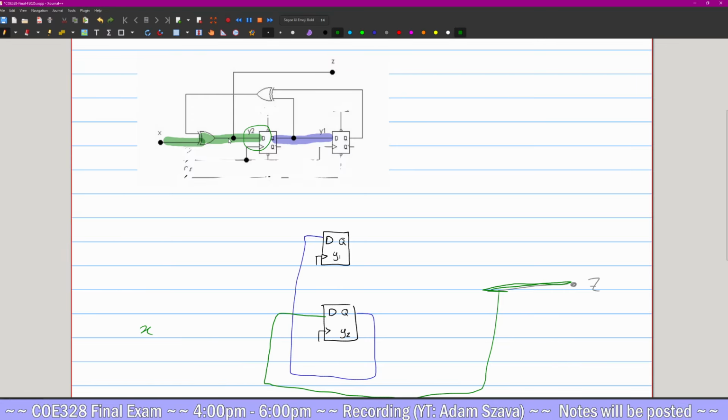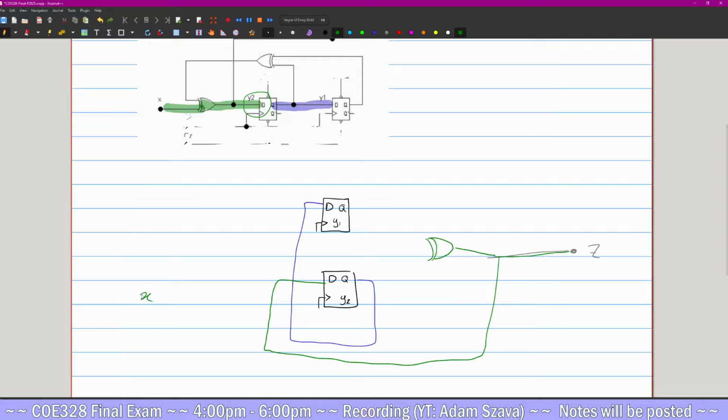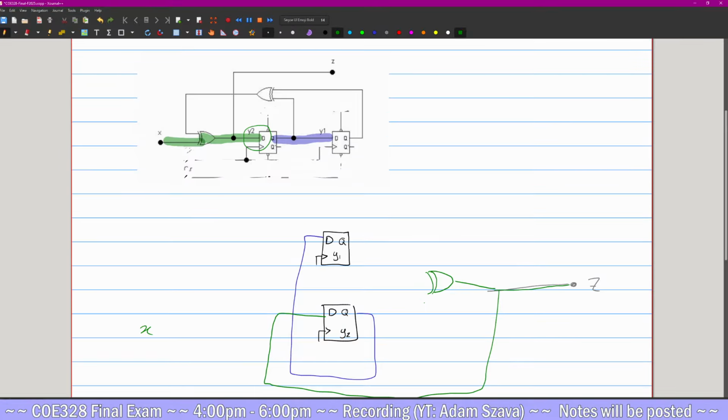But we still have to draw the beginning part, this beginning OR gate. I'm still color coding it on purpose. That's that OR gate, and the output of that is of course connected here. One of the inputs is X, that's all the way over here, so I'll deal with that in a second. The other input is a combination of a few things.